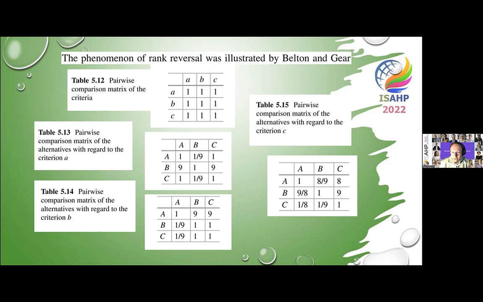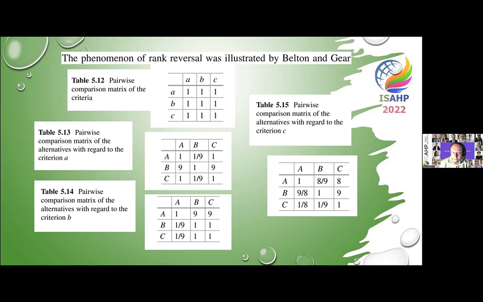That's why I thought about this example, presented for the first time in 1983, I guess, by Belton and Gear, with a model consisting of 3 criteria and 3 alternatives that were compared.